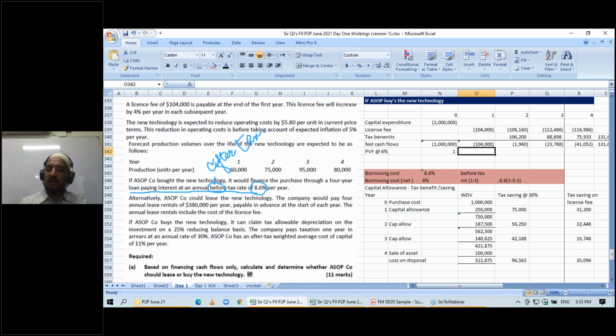If the cash flow occurs on the decision making date, the cash flow will be the full 1 million. But if the cash flow is delayed, only then you have to take the present value. So at 6%, the present value fraction will be 0.943, that is 1.06 to the power minus 1. So please calculate or use the tables.